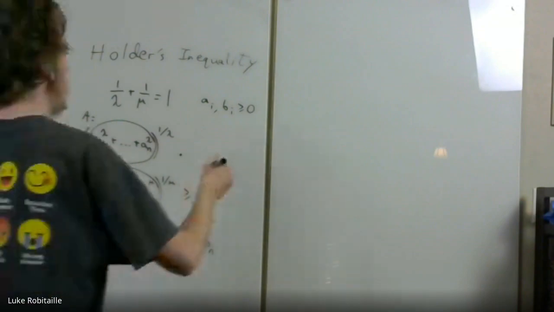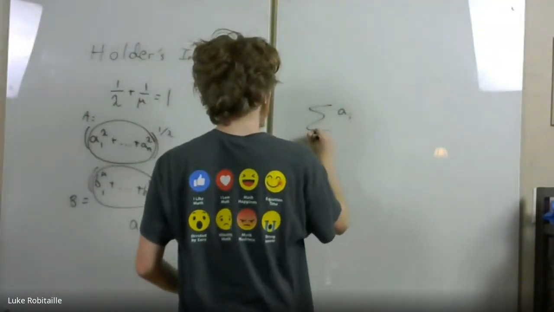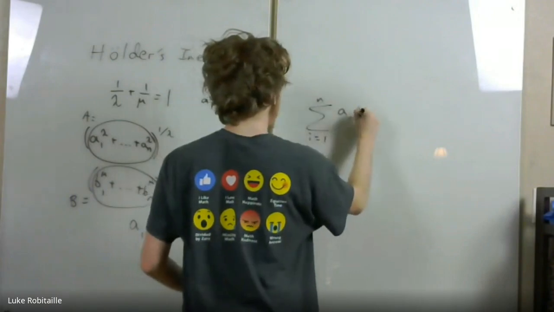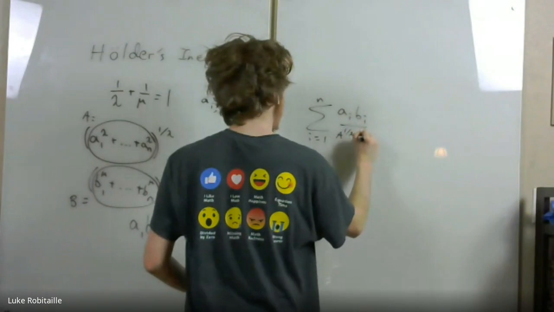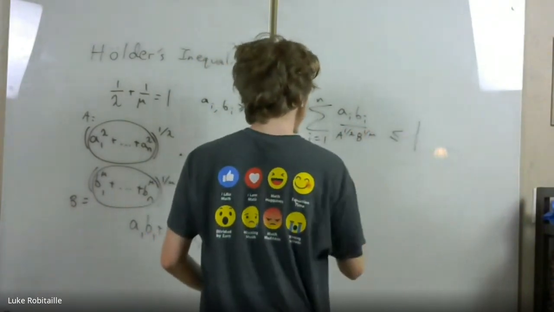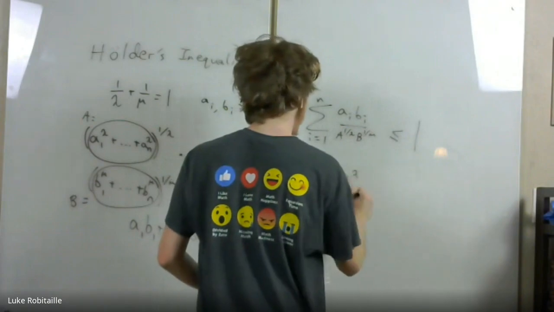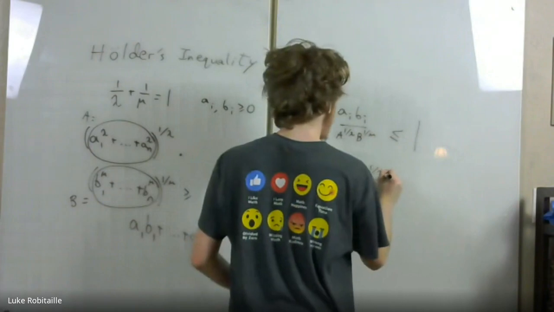Okay, we want to prove that the sum from i equals 1 to n. And then you can prove this by weighted AM-GM on these.